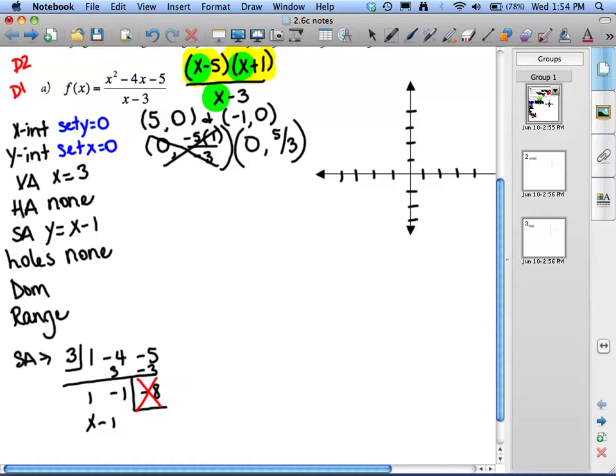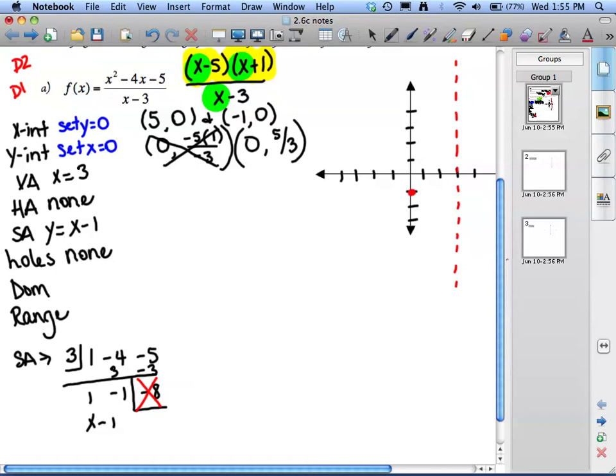I'm going to change to a red pen. I'm going to put my vertical asymptote of 3 on here. Now, Algebra 1 skill. How do I graph the asymptote y equals x minus 1? So you may remember how to graph a linear equation. Y-intercept is negative 1.